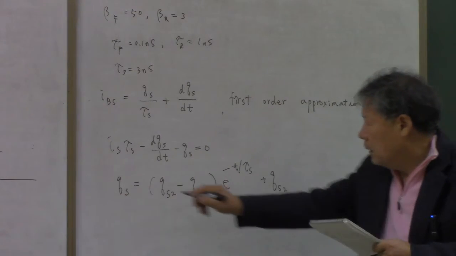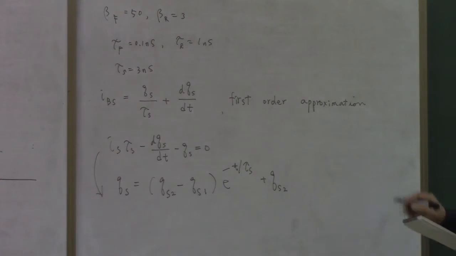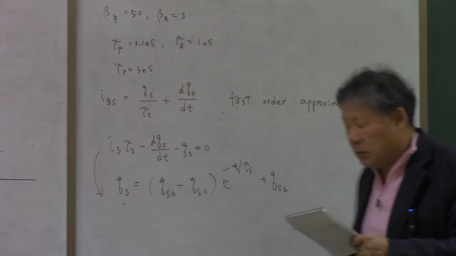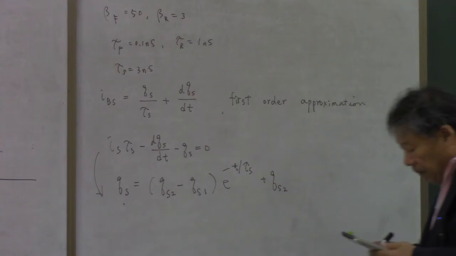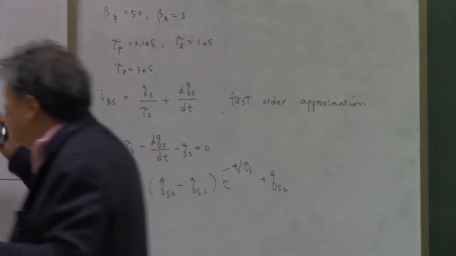That is the general solution of this first order differential equation. So we want to solve this equation in terms of the Qs, okay? And then we just put these numbers.